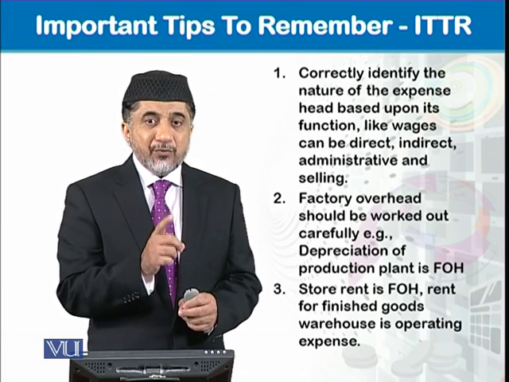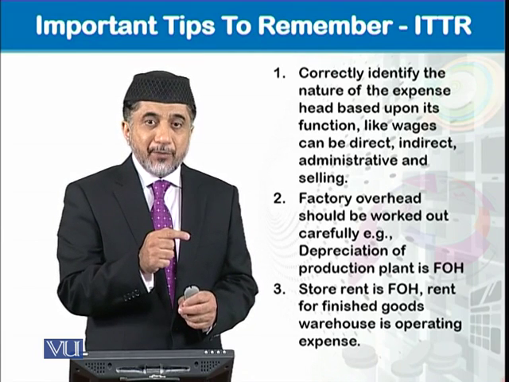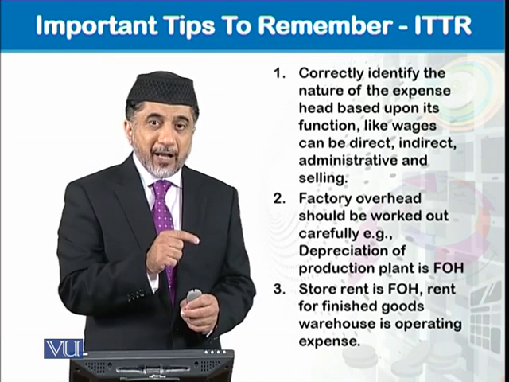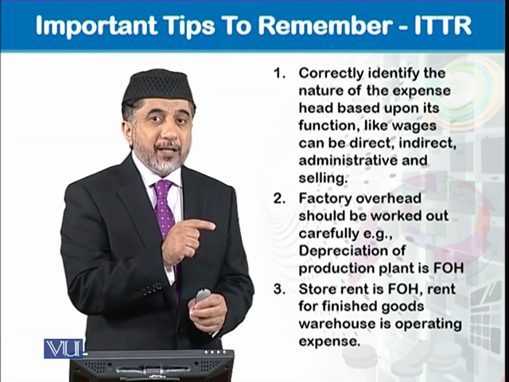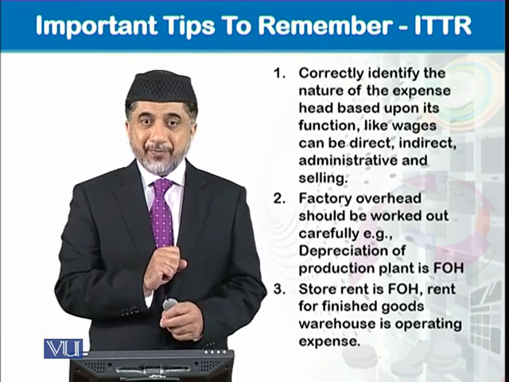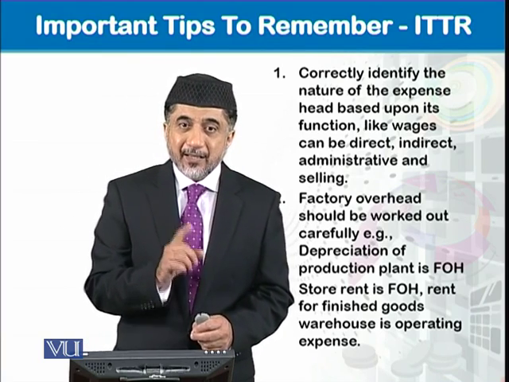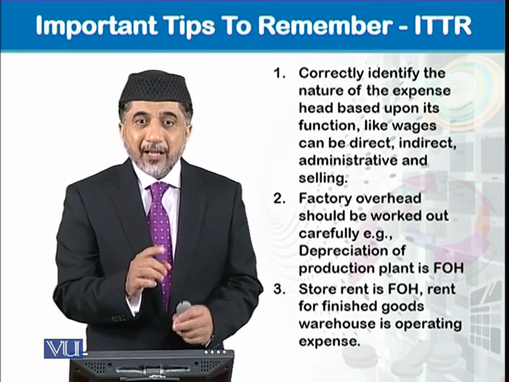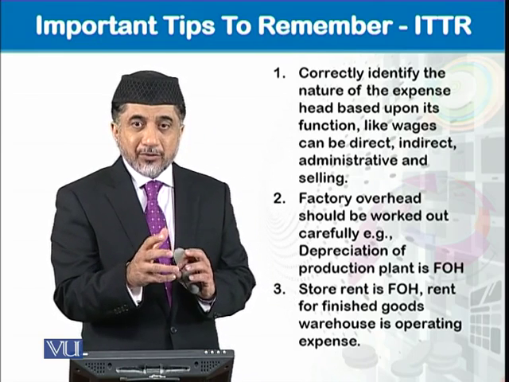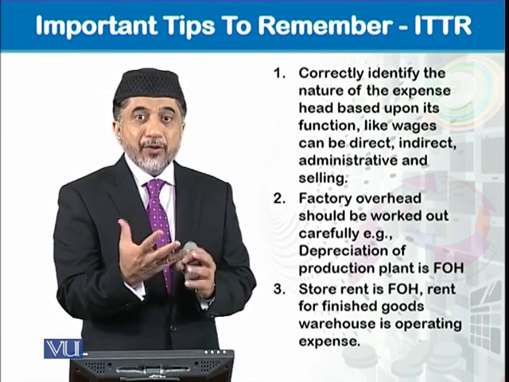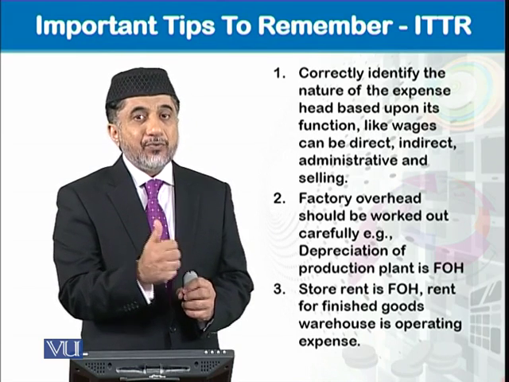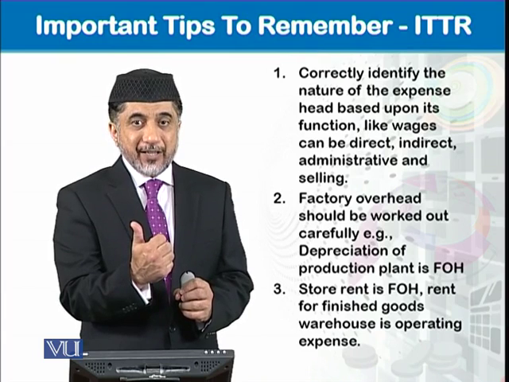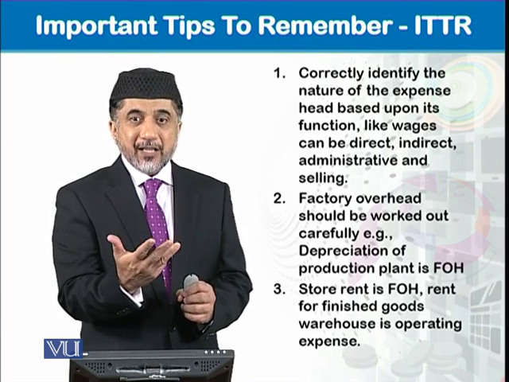The rent that we pay for the store where we place our material and supplies is the rent that we will be grouping in the factory overhead cost. Whereas the rent that we pay for the godown or warehouse of finished goods will be a part of our operating expense, normally taken over there in the selling expense.